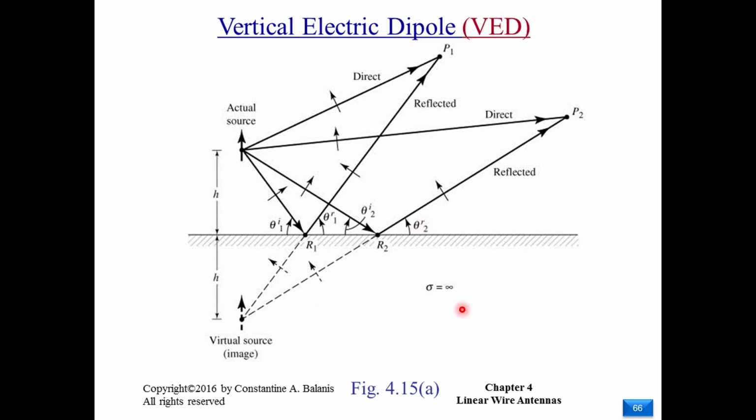The field that we find in the lower half plane is meaningless; it just exists as a collateral effect of the formulation. But the field in the upper half plane in the equivalent problem of the actual source and the imaginary source is the same as the radiated field caused by the actual source and the reflected components from this perfect conductor.